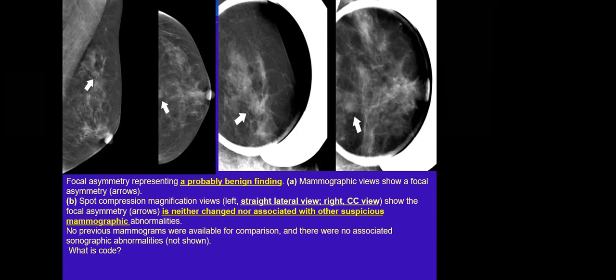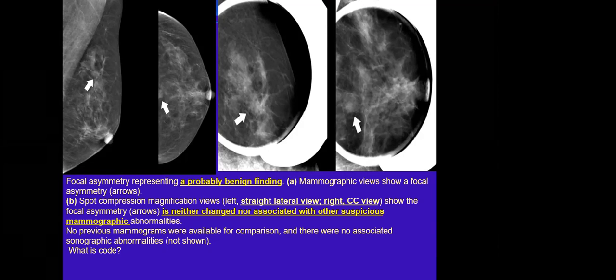So we are dealing with a probably benign focal asymmetry. It neither changes nor dissociates. It persists, but still it can just be an island of breast tissue.